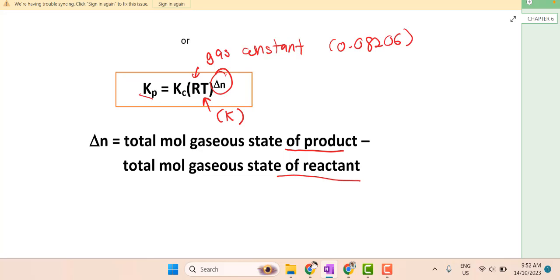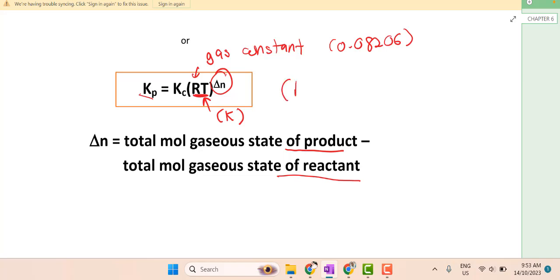So make sure Kp tu dekat luar. Selalunya kedudukan Kc dengan Kp ni student tersalah. Macam mana nak ingat? Ingat je, ketua pengawas. Ketua pengawas duduk luar. So, Kp is equal to Kc and then R and T, you need to multiply first and then baru to the power of.